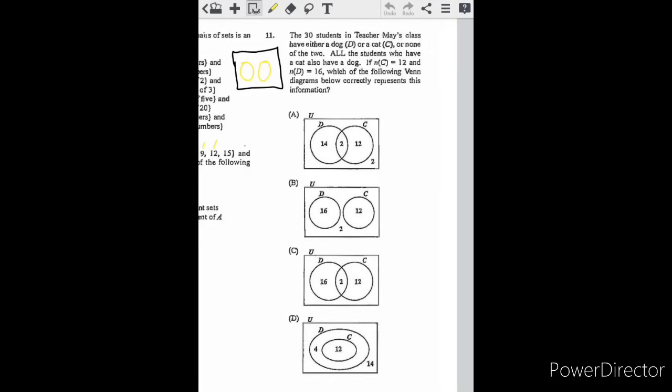If n(C) is equal to 12 and n(D) is equal to 16, which of the following Venn diagrams below correctly represents this information? We can clearly see that it says all students who have a cat also have a dog. So from that information, we know that D is going to be our answer because all of the students that have a cat also has a dog, which is D.